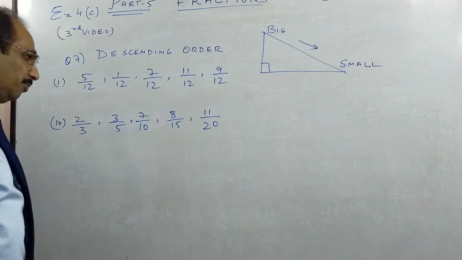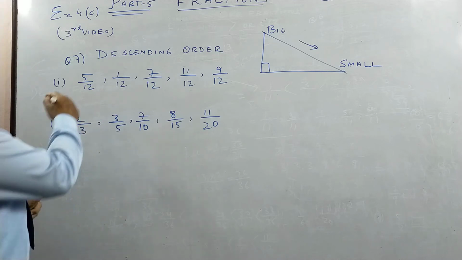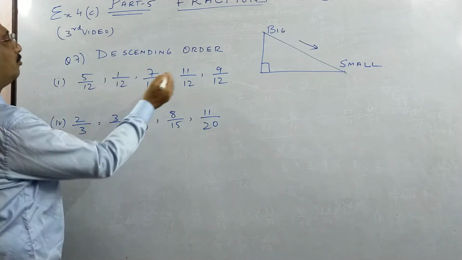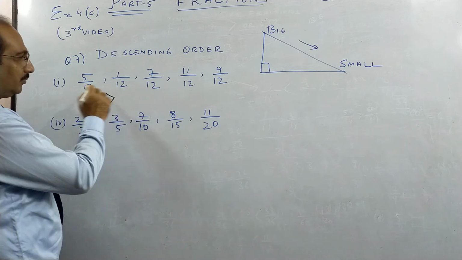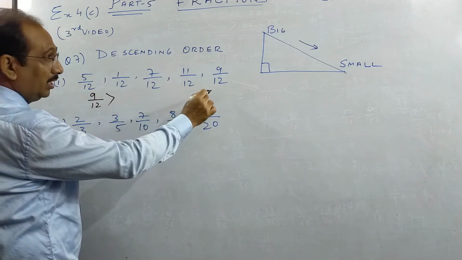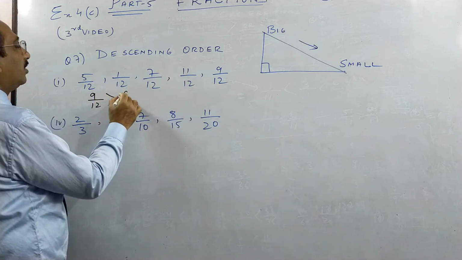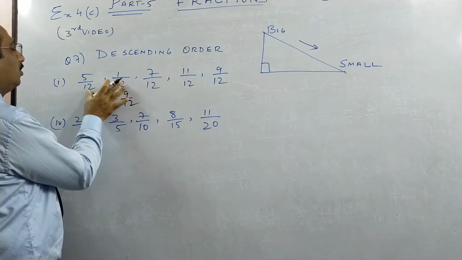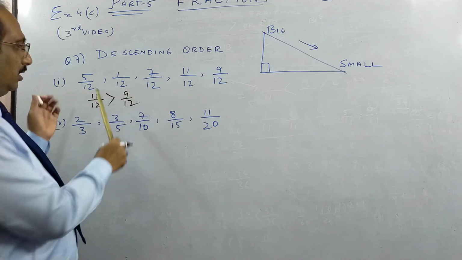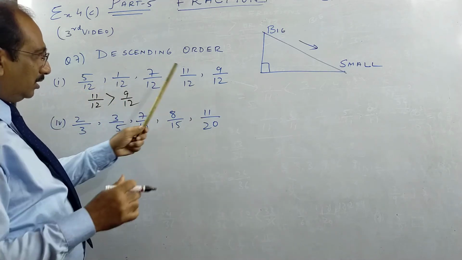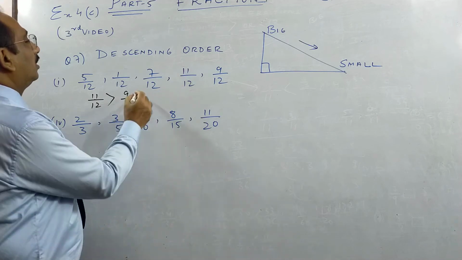Now, like before I told you, when we have like fractions, it's very easy. The biggest here you see is 11 by 12, because the denominator remains the same. So what is the rule, children? Denominator remaining same, the larger the numerator, the bigger the fraction.